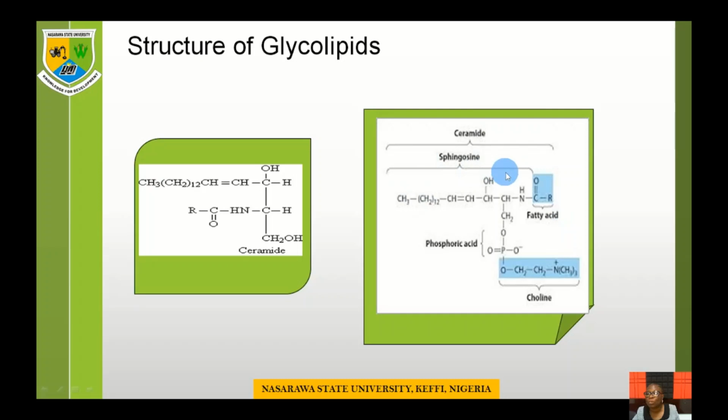This is the sphingosine without the fatty acid. The ceramide has the fatty acid. You can see the fatty acid. Then you have a choline group. This is the sphingosine molecule. Then you have the ceramide, which has the fatty acid.